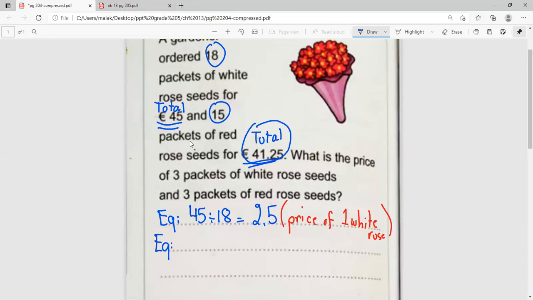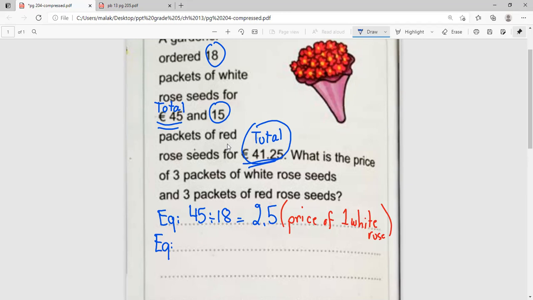Here they said 15 packets of red rose seeds for 41.25 euro. This is the total price of all the red roses. When the total is given, we will find the one red rose. What is the price of just one red rose? So we have to divide.